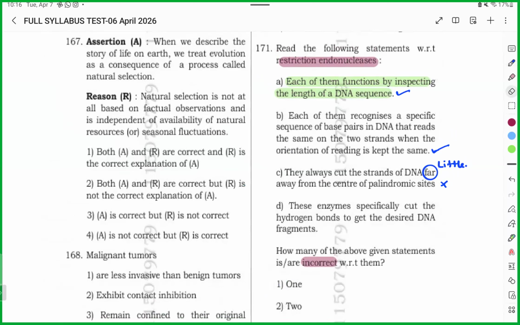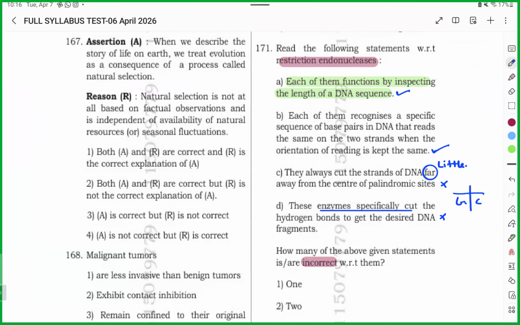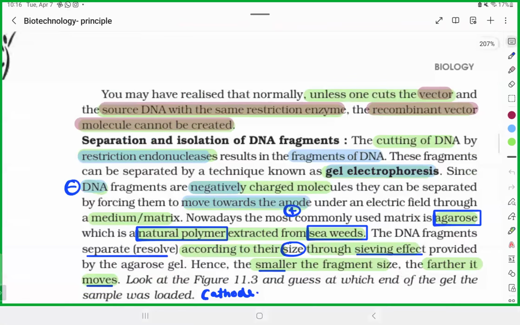Correct. Why? D is wrong because the enzyme will specifically cut not the hydrogen bond but between G and A. It will cut the backbone, not the hydrogen bond. I'll show you the same statement.